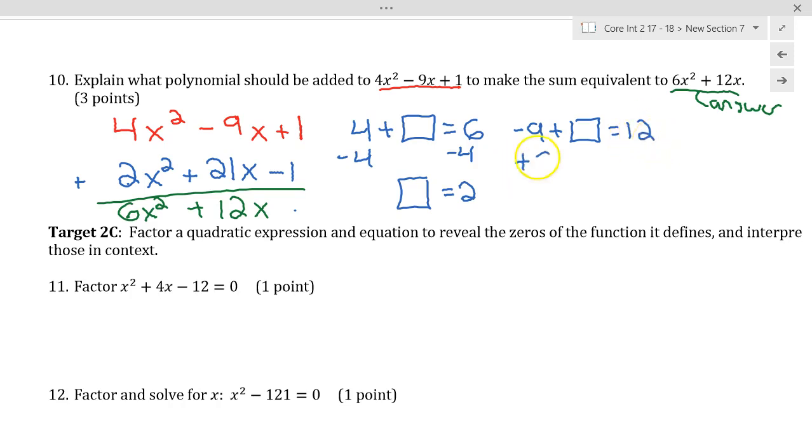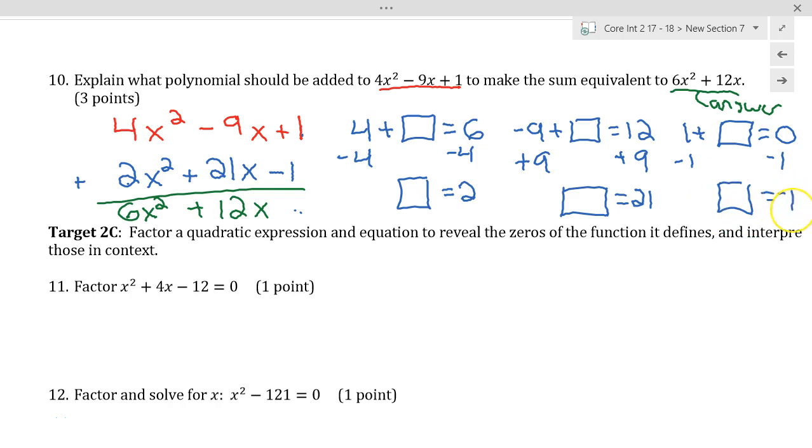Now I'm going to add 9, because 9 is already negative. My second blank equals 21. Finally, 1 plus some blank equals nothing. Mathematical nothing is 0. Subtract 1. My blank equals negative 1. So I get 2x squared plus 21x minus 1.